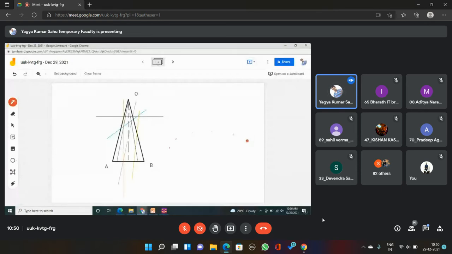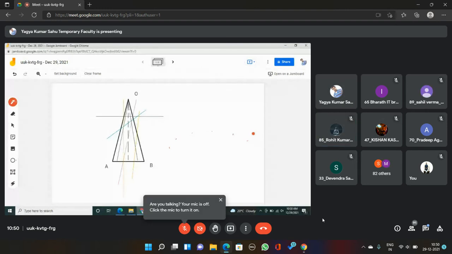Yes, sir. By joining these points we can easily draw any type of curve. So what we are basically doing here is finding points on the circumference of that curve.